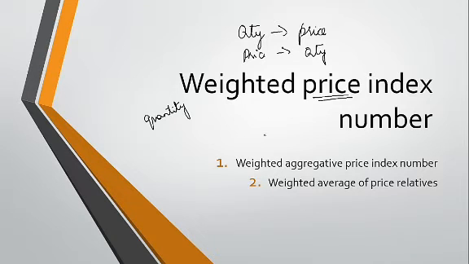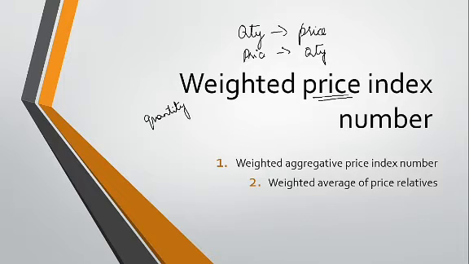Now when you learn weighted price index number, we have two methods, that is weighted aggregative price index and weighted average of price relative method. It is similar to unweighted, the same methods, but here there are various different methods under each of the two types.